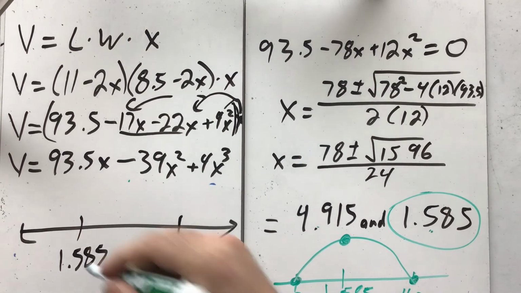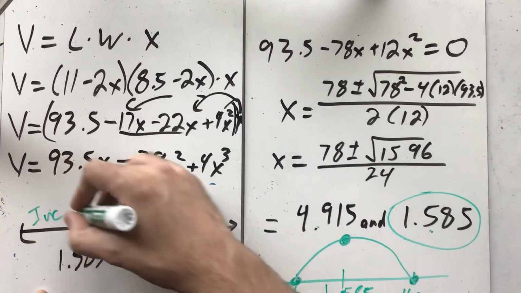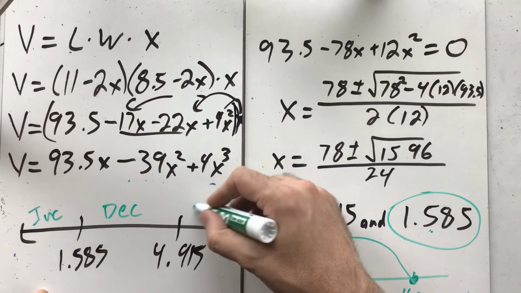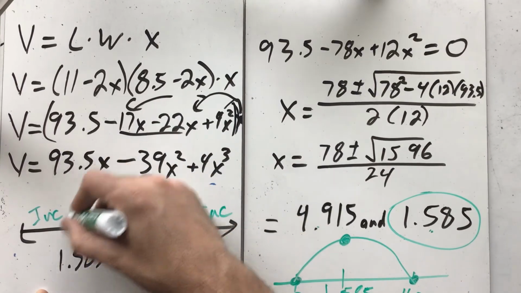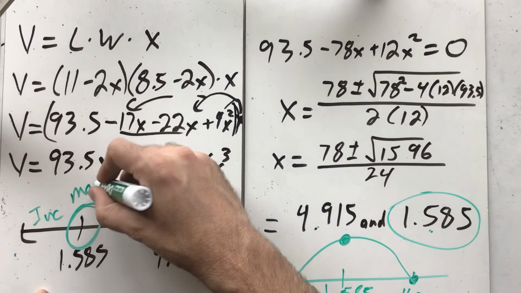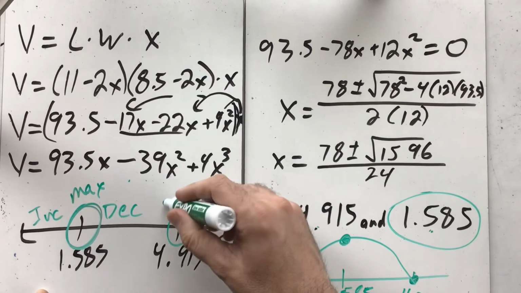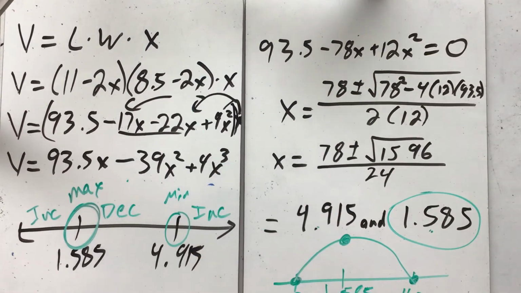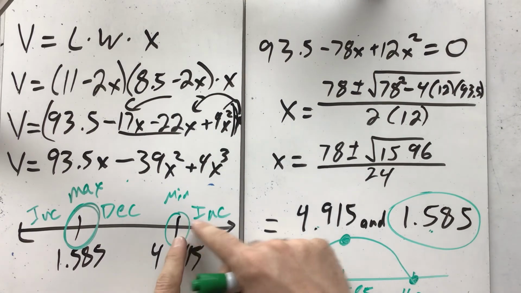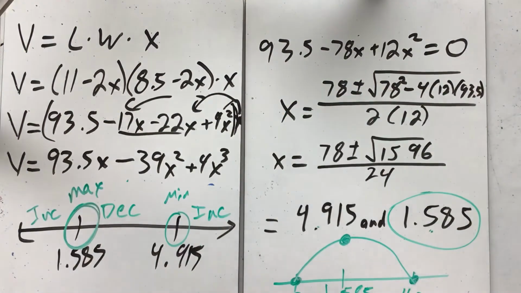What you would find is that you're increasing, decreasing, and increasing, so this is a max right here versus this one, which is a minimum. But at any rate, you have to ask yourself, am I allowed to make my squares infinitely large? The answer is no, that doesn't make sense. You're limited on your squares.